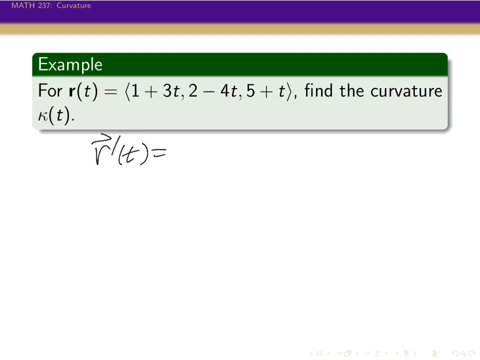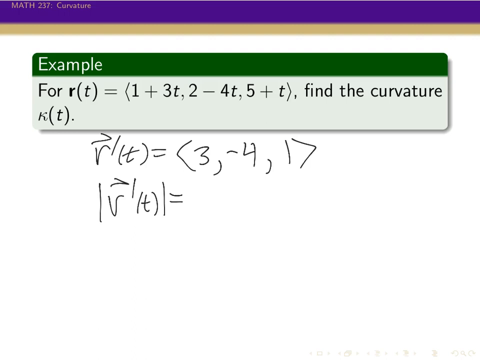When we take the derivative, the first component 1 plus 3t gives me 3, then minus 4, 1 is my velocity vector. It's constant for all t. Its magnitude is the square root of 9 plus 16 plus 1, which is the square root of 26.